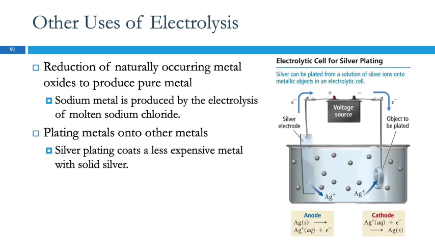So we have this silver electrode here, taking electrons out of that, causing these silver atoms to become silver ions. They go over here, and they get the electron back, and now they're silver again. So we're just moving silver atoms, essentially. But you can do that with lots of different metals. A more generic term is electroplating.